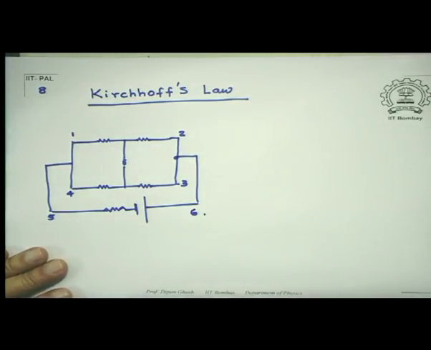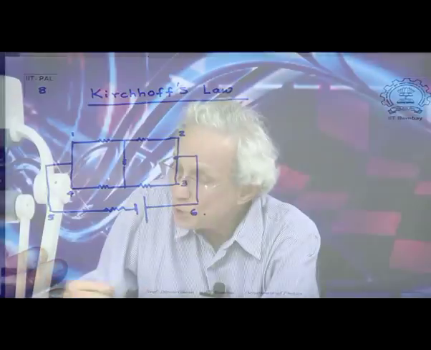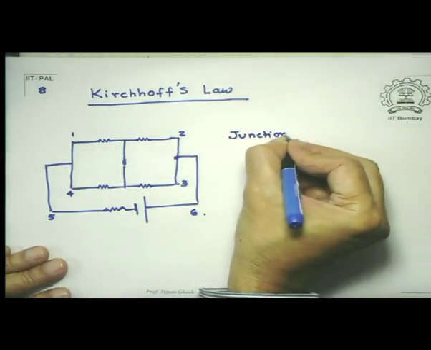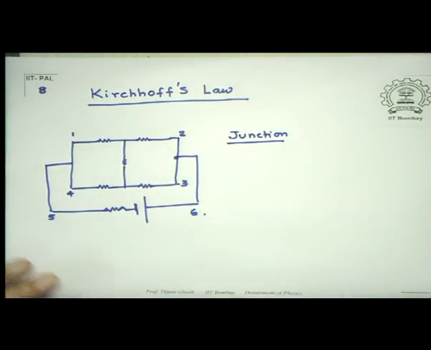Now first I define a branch point or a junction. What is meant by a junction? A junction is a point in the circuit wherever 3 or more branches or 3 or more conductors join, whether there is resistance in it or just a resistance-less wire, it doesn't matter.